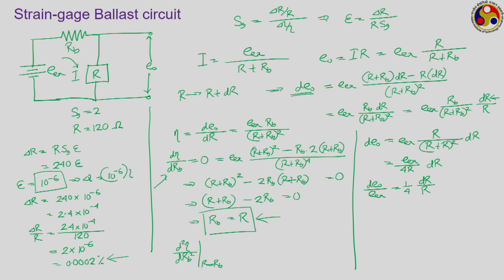Corresponding to any change in resistance dR, you will be getting dE_0.